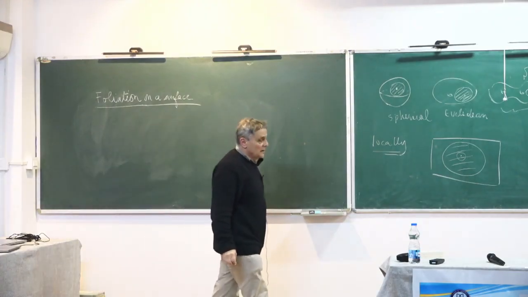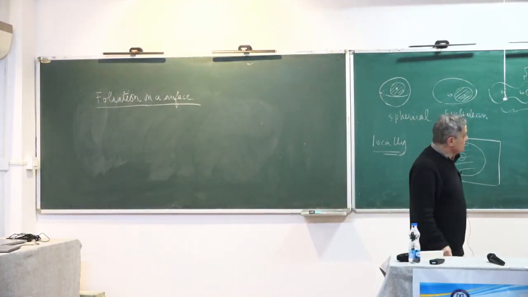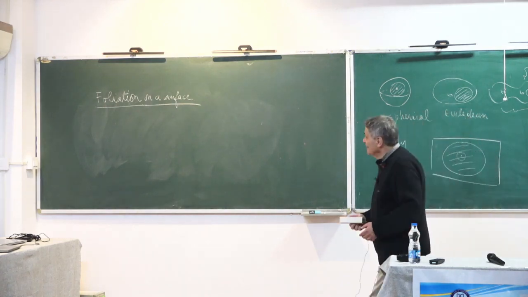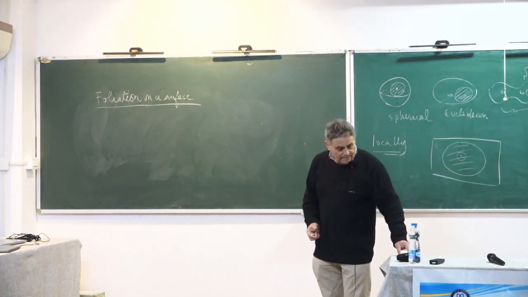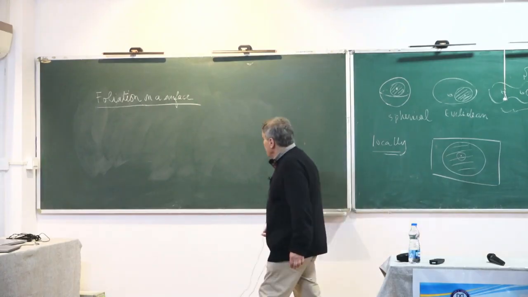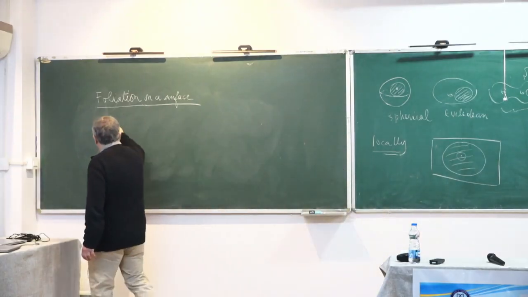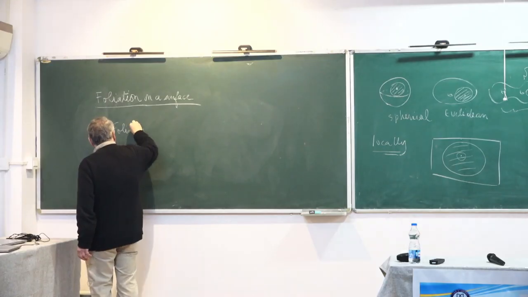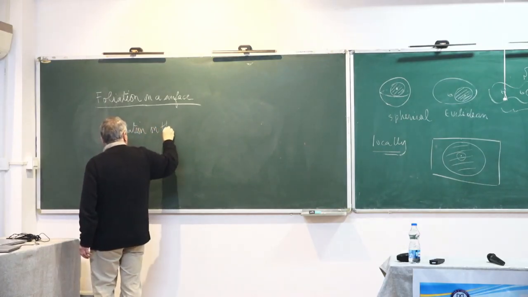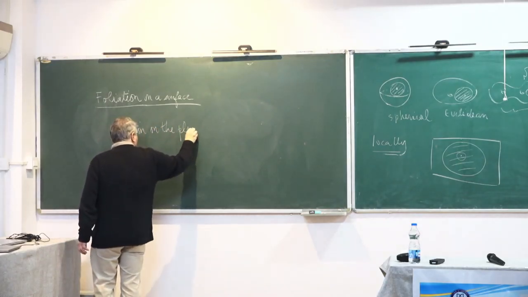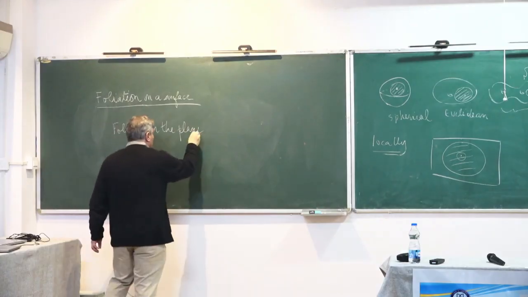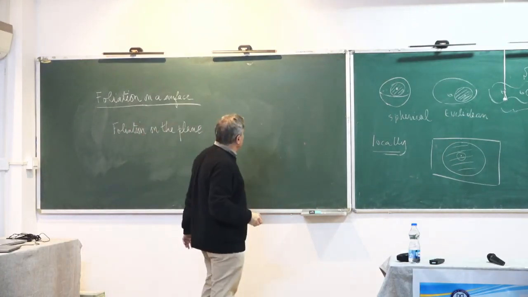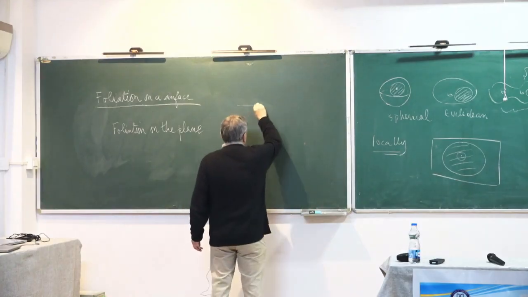This we need, and I think it's in the program of today's lecture. So let's start with a foliation on the plane. I have my plane here, and I want to draw just a set of lines.